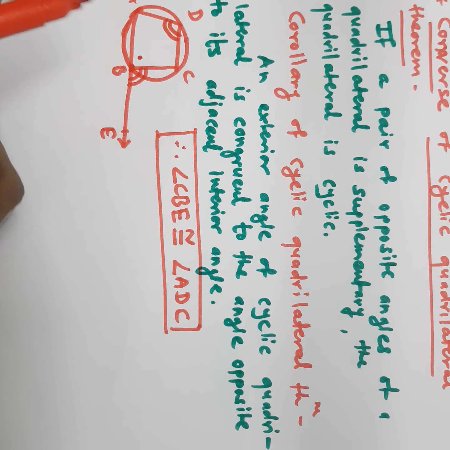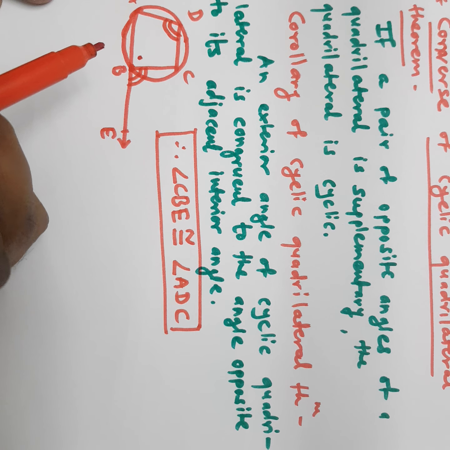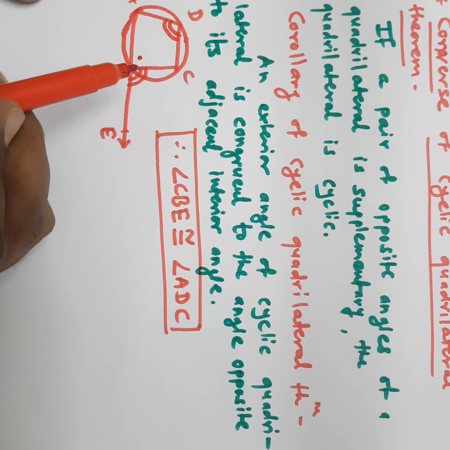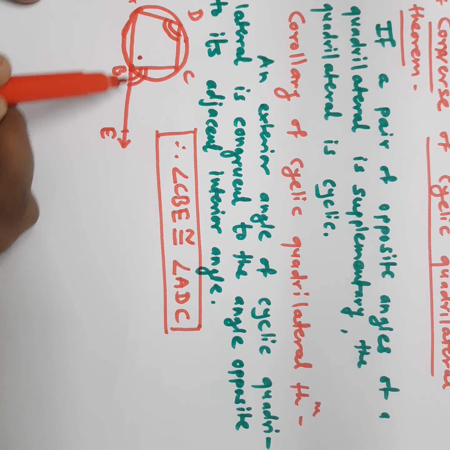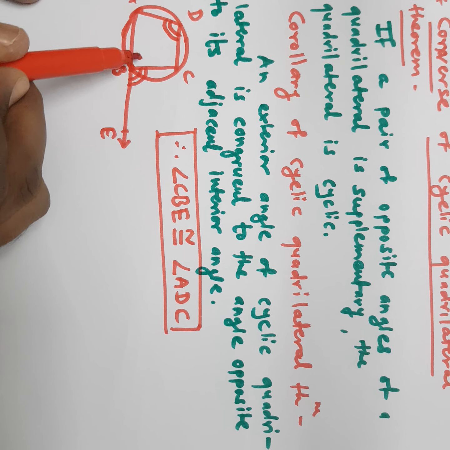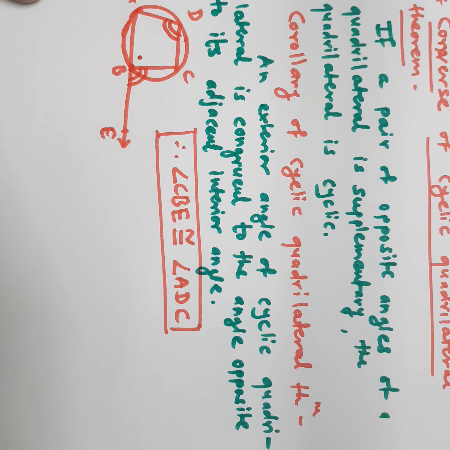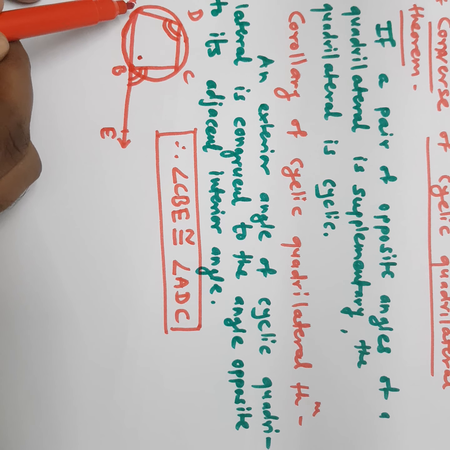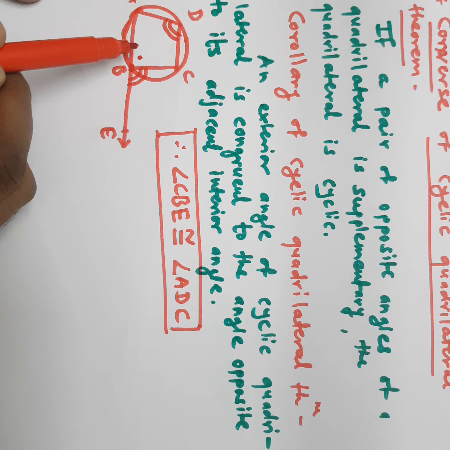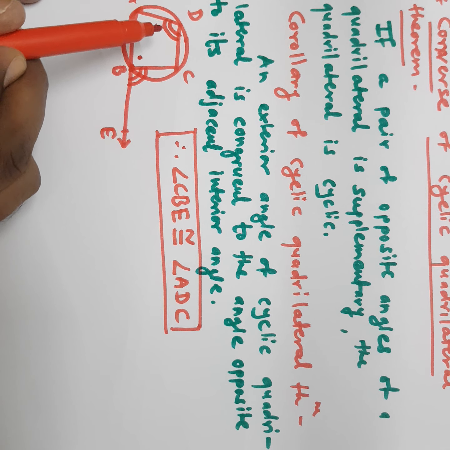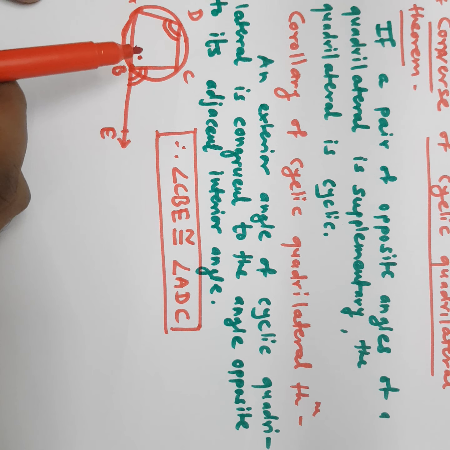If we have to write the proof of the theorem, we can prove it this way. Angle CBE plus angle CBA is equal to 180 degrees, because these are angles in a linear pair, and angle ABC plus angle ADC will also sum to 180 degrees, because they are opposite angles of a cyclic quadrilateral.